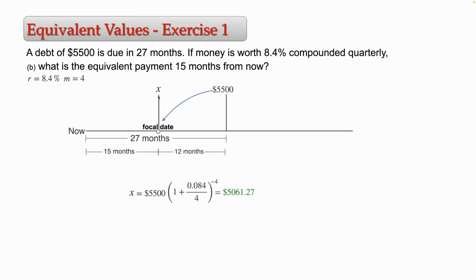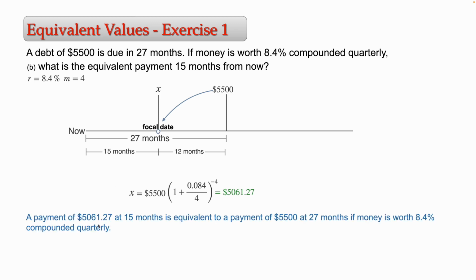This will be the equivalent value of this 5,500 at 15 months from now. So a payment of 5,061.27 at 15 months is equivalent to a payment of 5,500 at 27 months, if money is worth 8.4% compounded quarterly.